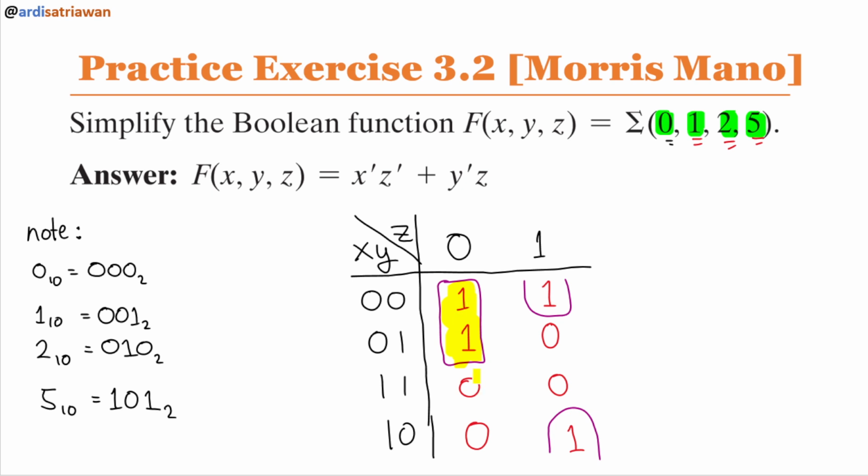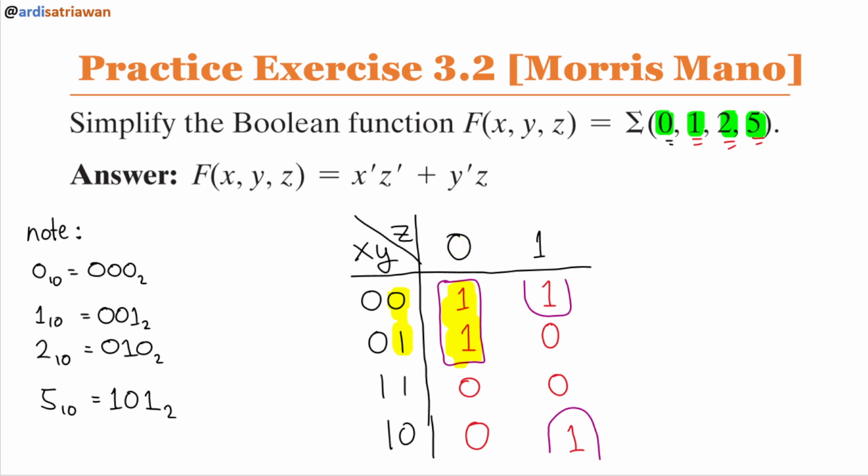For the yellow part here, look what's different. The x is the same, 0 and 0. The y is different. We will have 0 and we will have 1 here. So that means that this does not depend on y, so we can eliminate the y from this part. And for z, it is 0. We don't see any difference here.